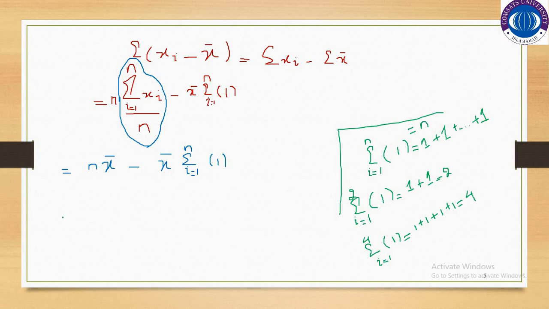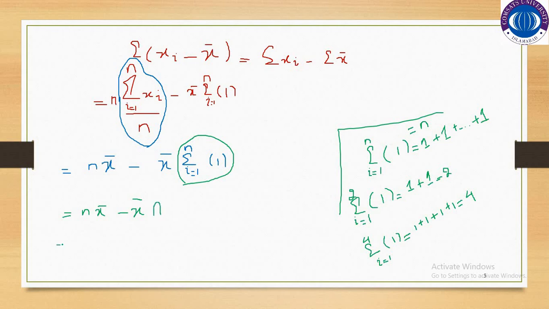So now this would be equal to n times x bar minus x bar times n, as we have shown here.